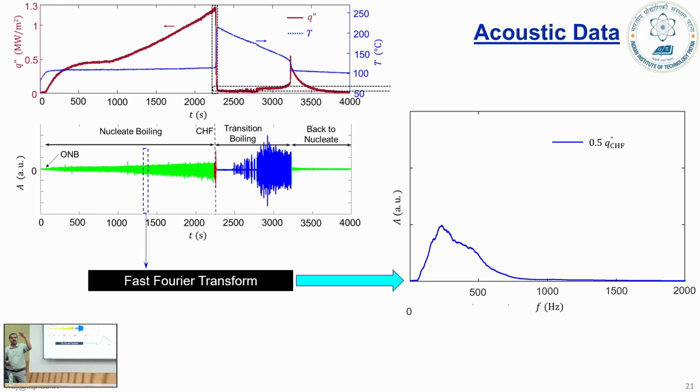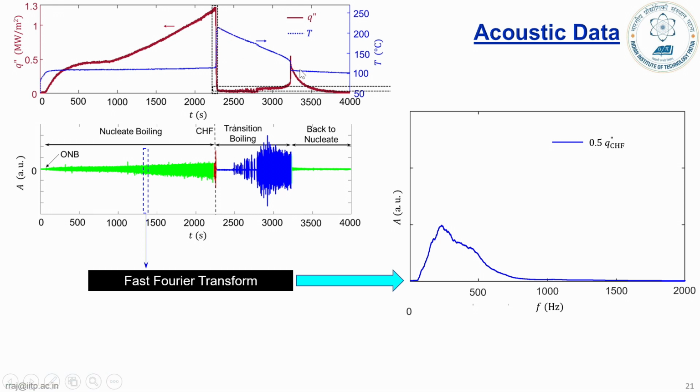We are ramping the heat flux in our boiling experiments until we get to critical heat flux. So this here is the nucleate boiling regime, and at critical heat flux the heat flux goes down, temperature shoots up. This is where we shut off the power to our heater, and then basically it cools down.